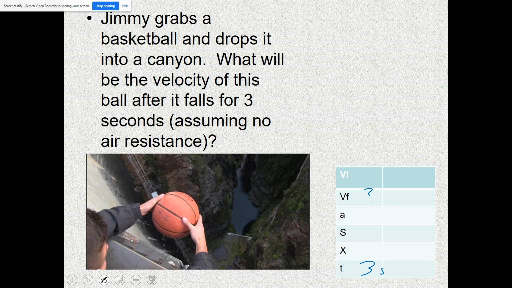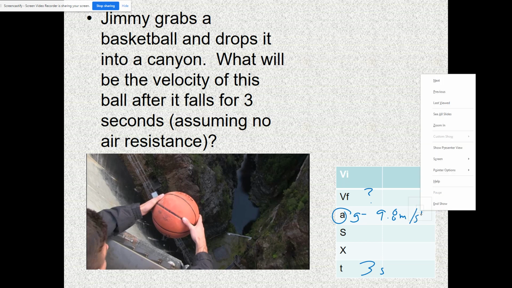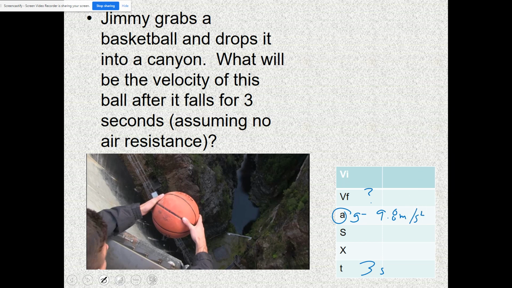And it doesn't give us anything else, except for, because it's falling, we know that a is really g. It's 9.8 meters per second squared. And you can give it the downward sign because it's going down. Or you can say, hey, I'm just going to say down. So we know what g is. Anytime something is falling, the acceleration is actually g, 9.8 meters per second squared.